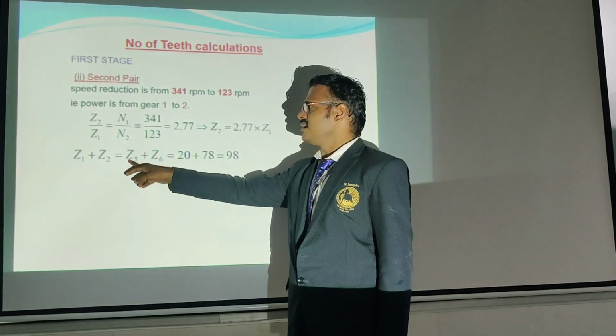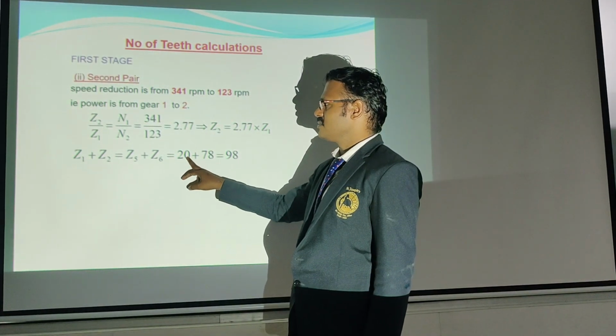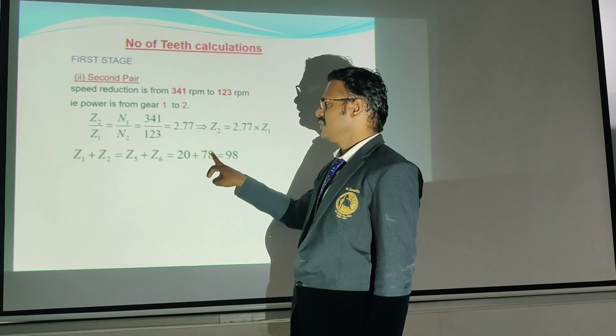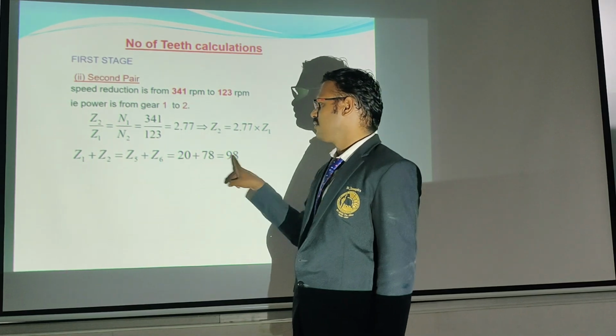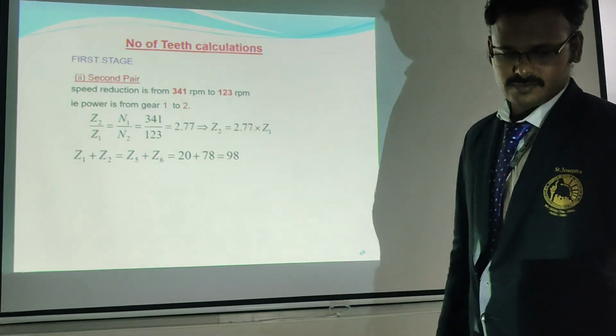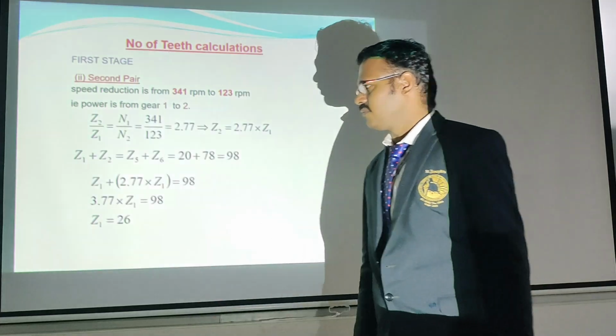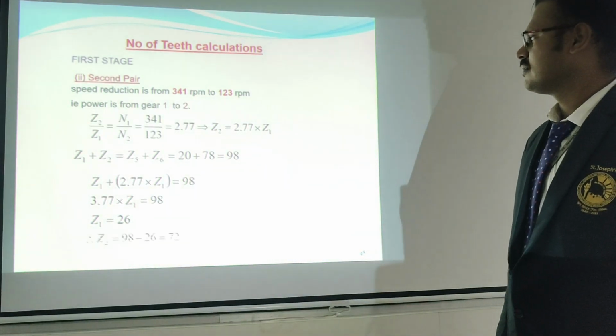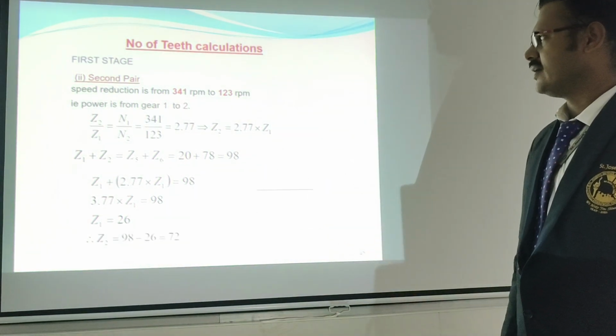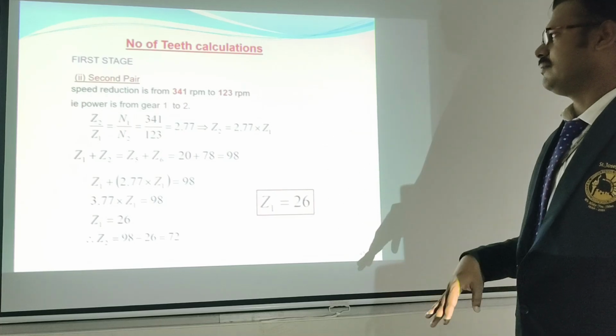Already we know that Z5 is the minimum number of teeth, so we have taken 20. Z6 is 78, that previously we have found. So Z1 plus Z2 is 98. So finally we are getting Z1 as 26, Z2 as 72.